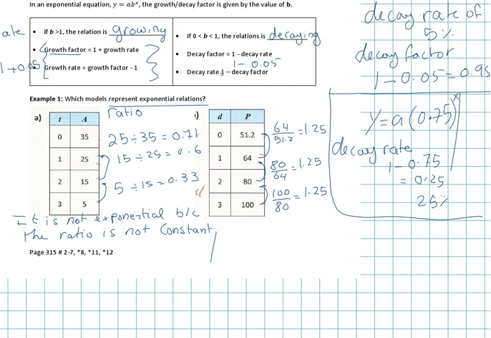Okay, so because the ratio is constant, right? You see that the ratio is constant, then it's exponential.